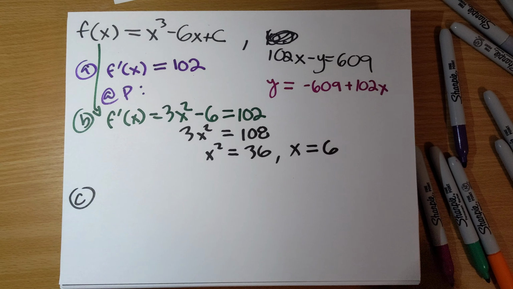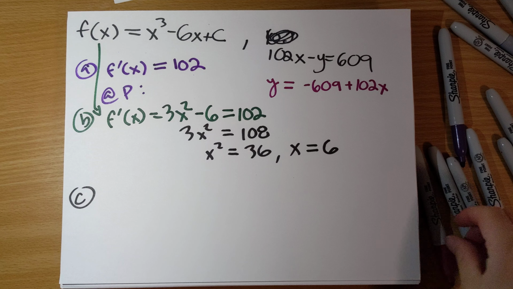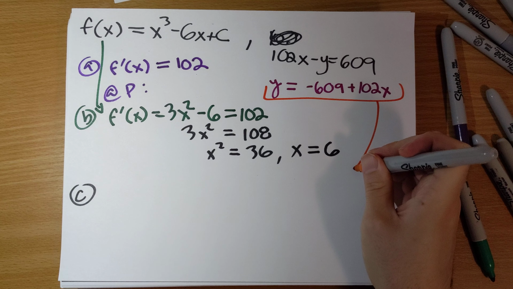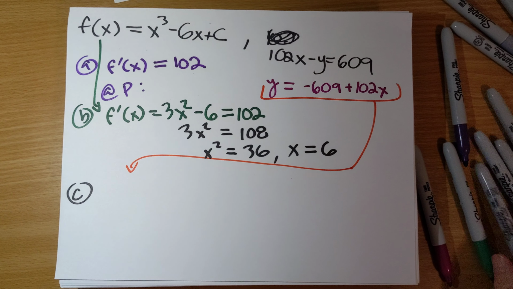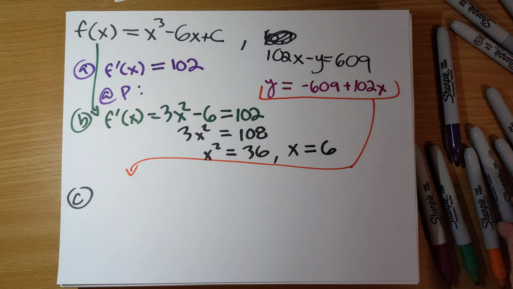For part C, what's the y coordinate of P? To get this, we actually have to go back to the tangent line. y is equal to negative 609 plus 102x.